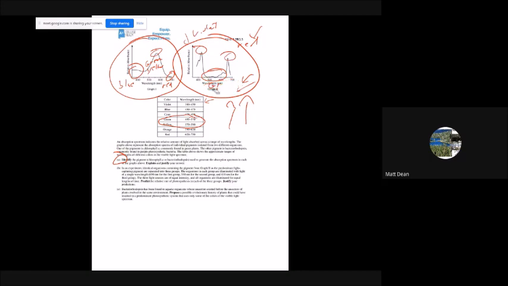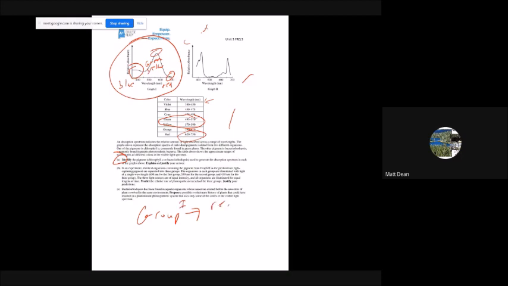So if we look, group 1 is exposed to 650 nanometers, which is reddish. It's right in here. So group 1 is given a red light. Group 2 is exposed to 550.